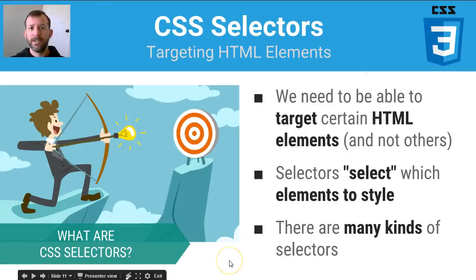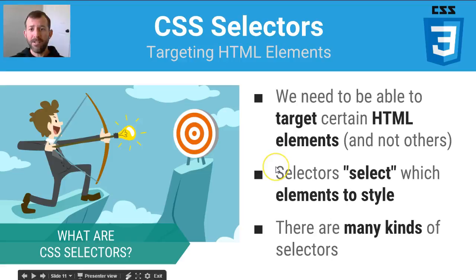The last piece, CSS selectors. We just talked about what properties are and how to set those properties, but we also need to target the HTML elements that we want to style. So we have something called CSS selectors, and they do exactly what it sounds like. They select the elements on the page to apply those style declarations to.